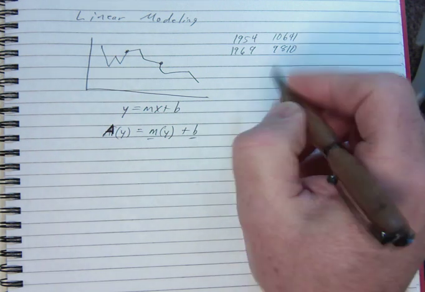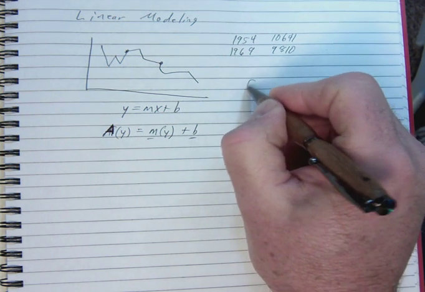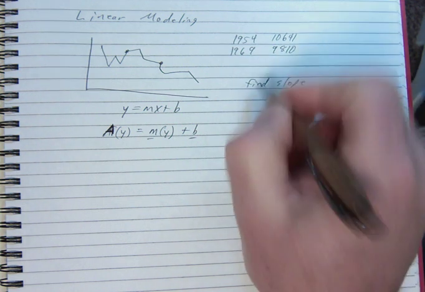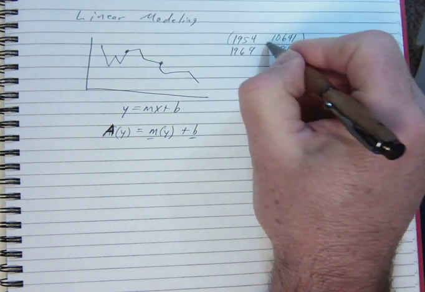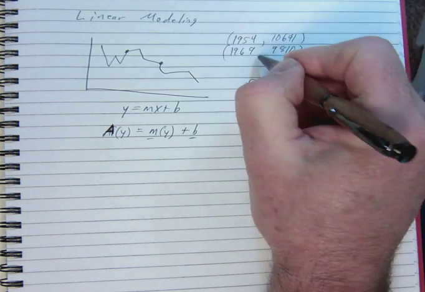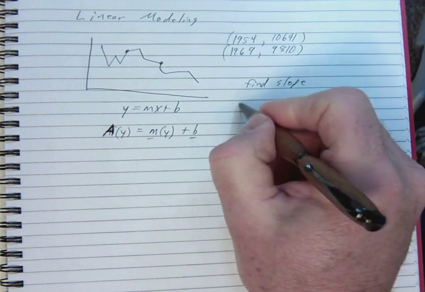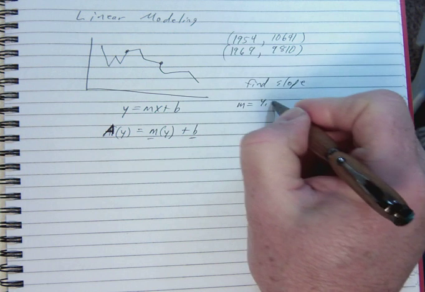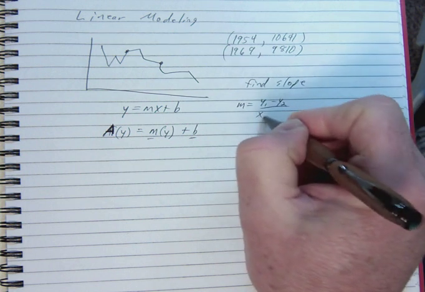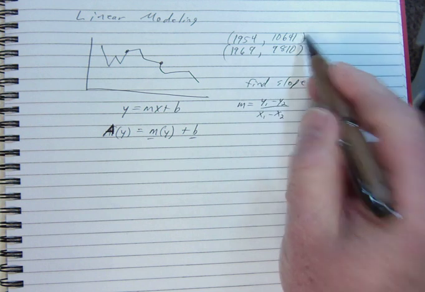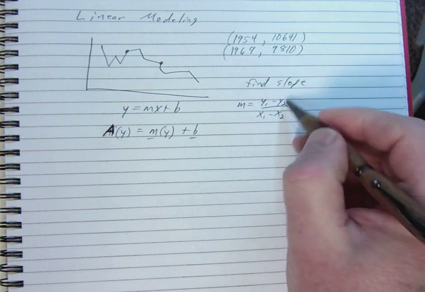So what we're going to do is we're first going to have to find the slope. And if you think of these as ordered pairs, since the years are the inputs and the acreages are the outputs, we're going to use m equals y1 minus y2 over x1 minus x2. And remember, y1 and x1 is just one of the ordered pairs, and y2 and x2 is the other ordered pair.